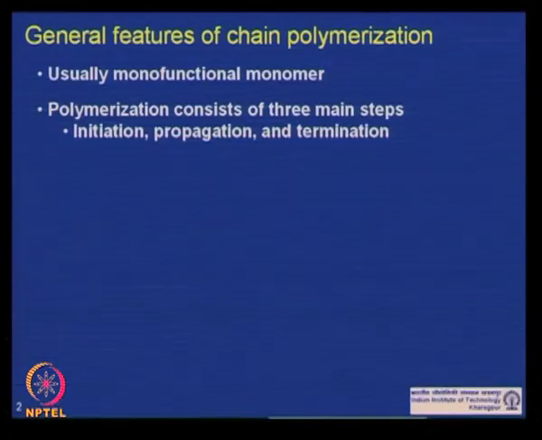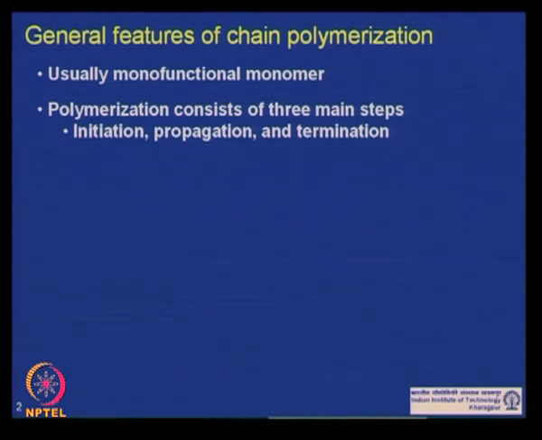We can do chain polymerization with more than one functional group as well, but in that case, like the previous case of step polymerization, it will give cross linking, not a completely linear polymer. So, if you have only one functional group, in this case a double bond, it is sufficient to give you linear polymers.